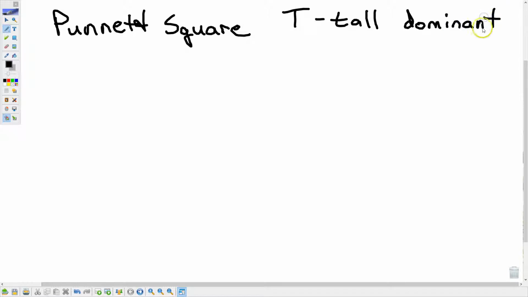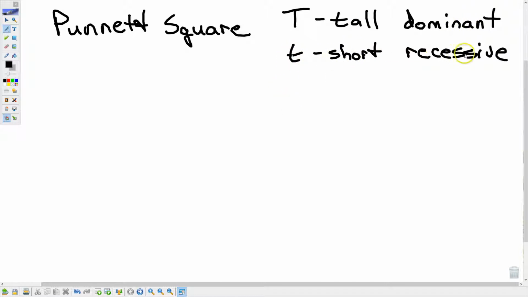That is the dominant allele. Little t is short, and it is the recessive allele. An allele is one letter: capital T, tall, dominant.